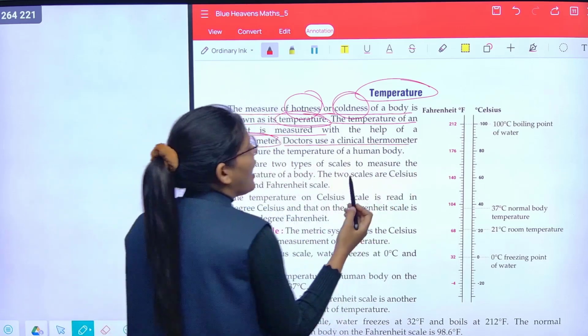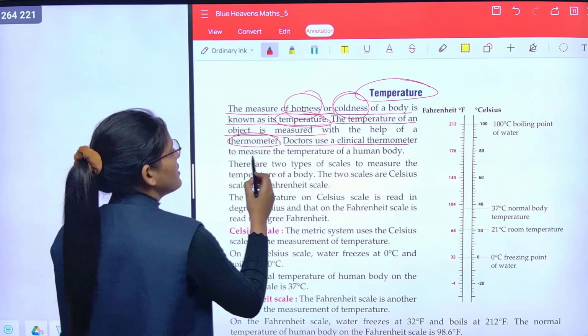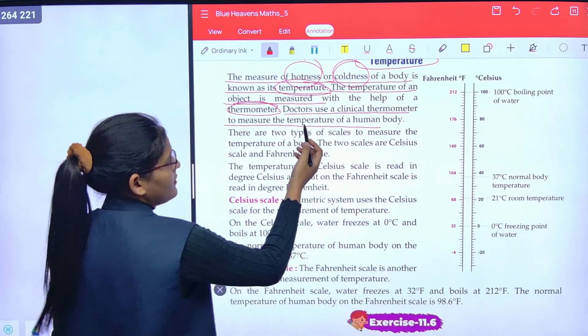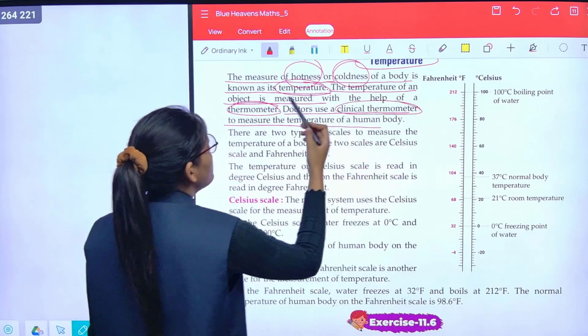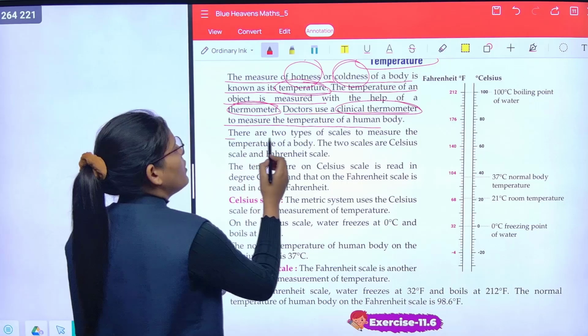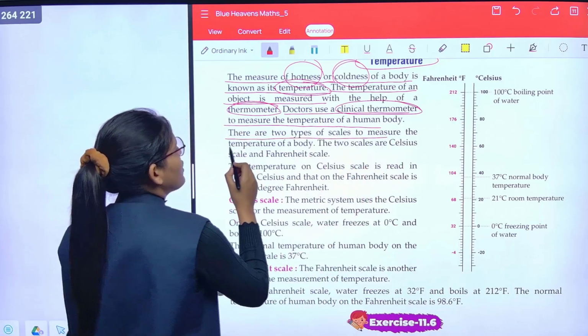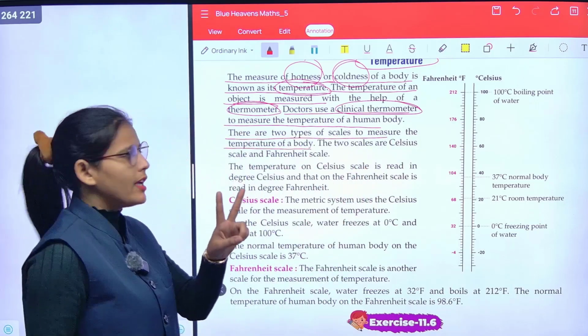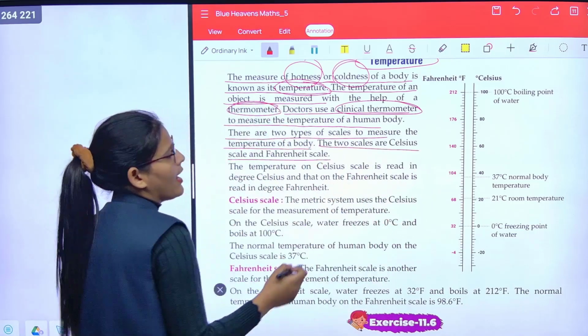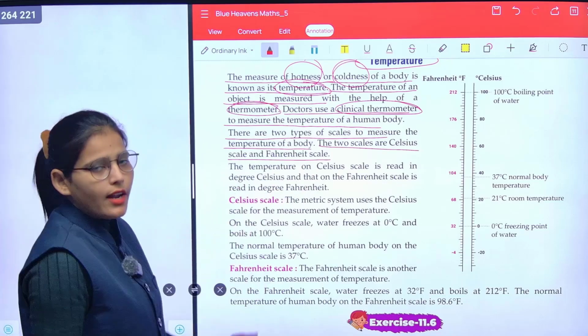Doctors use a clinical thermometer to measure the temperature of a human body. There are two types of scales to measure the temperature of a body. The two scales are Celsius scale and Fahrenheit scale.